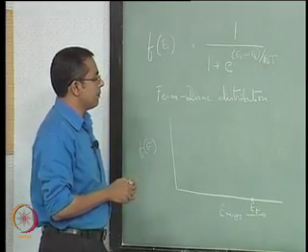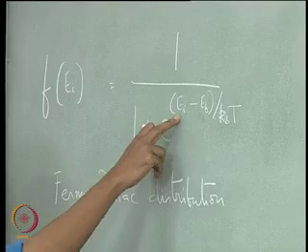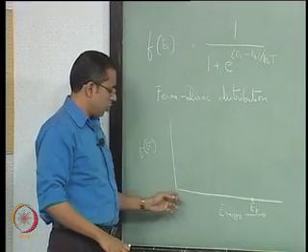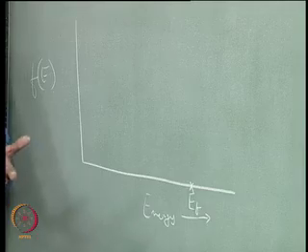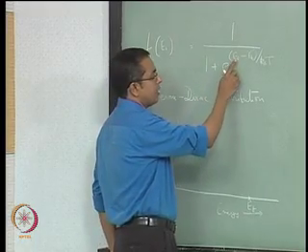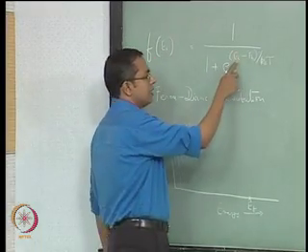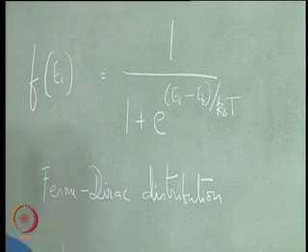So when you have E minus EF, we will start from the origin and move forward. For all these values of energy before you reach EF, E is less than EF, right. So if you write E minus EF, that is a negative quantity, divided by kBT, where T is tending towards 0.